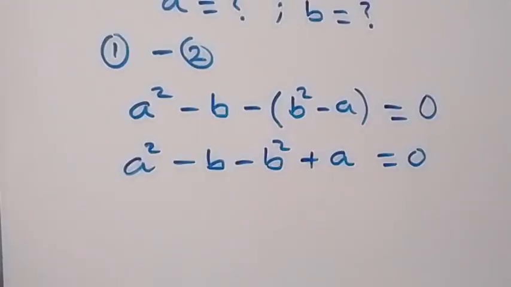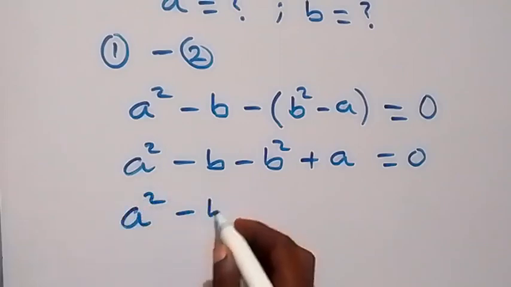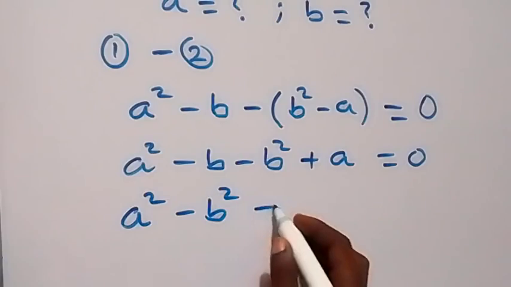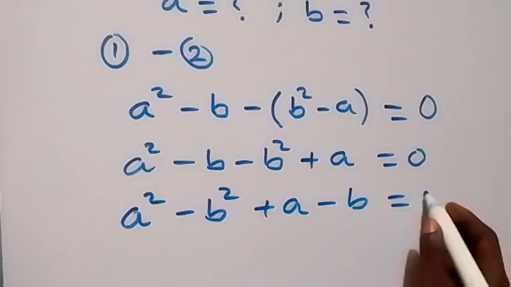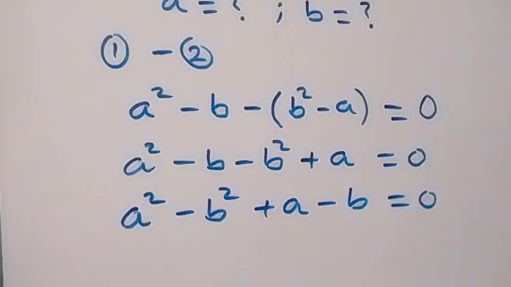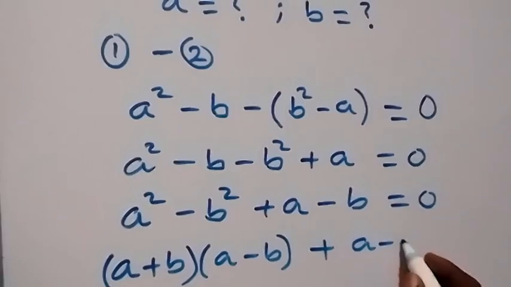Then we can rearrange this as A squared minus B squared, then plus A minus B equals 0. Then from here we have a difference of squares, which we can write as A plus B, into bracket A minus B, close bracket, then plus A minus B, then equals 0.